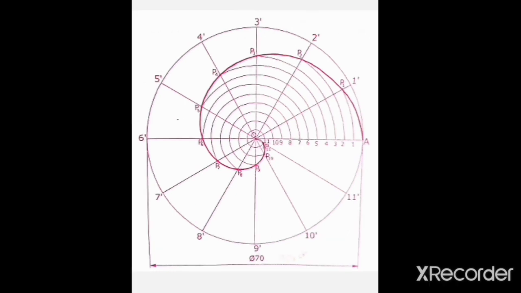After splitting the radius into 12 equal parts, we have to mark the points 1, 2, 3, 4, 5 like that. The 12th point is the center point.